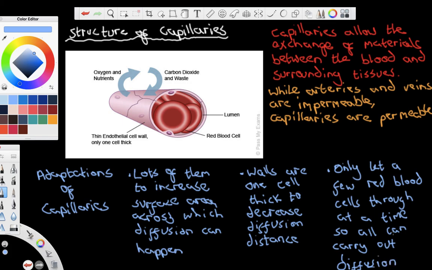Okay, so capillaries, there's lots of them. The walls are 1 cell thick to decrease diffusion distance, and they only let a few red blood cells through at a time.